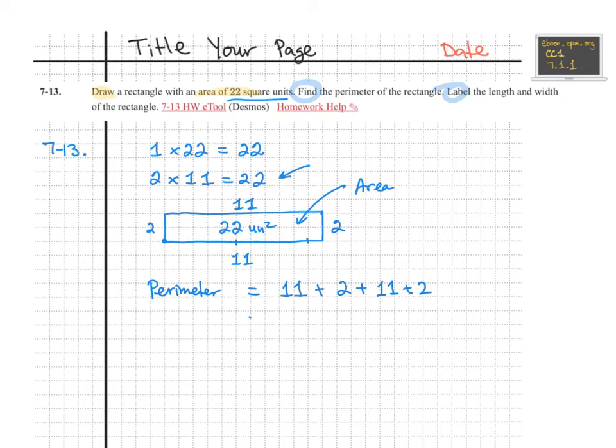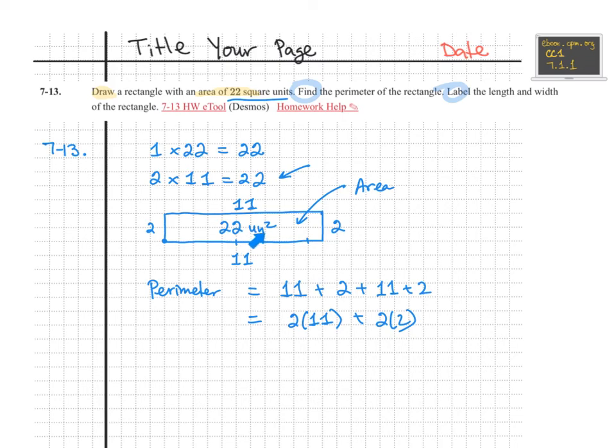Another way someone could write it is 2 groups of 11 plus 2 groups of 2. I could see this idea by going, well, on this side I have 11, and on this side I have the same number. Same thing going sideways. So there are multiple ways you could write a perimeter, but you definitely want to calculate it as your final answer.